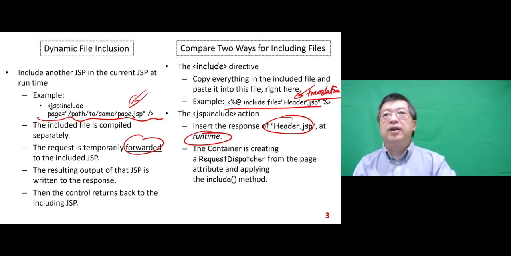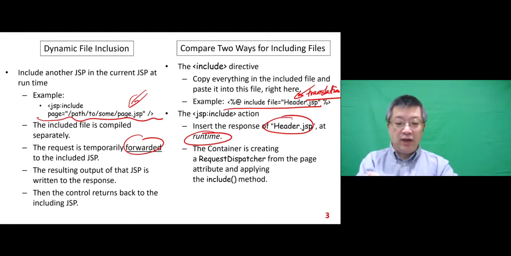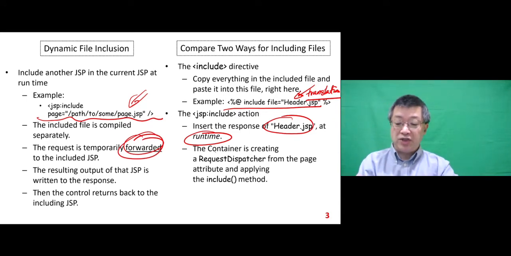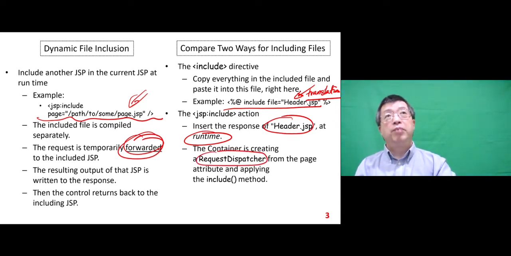The container is creating a request dispatcher, because when you do the forward way, you need to use a request dispatcher object. But you cannot see it because the container does it in a hidden way.